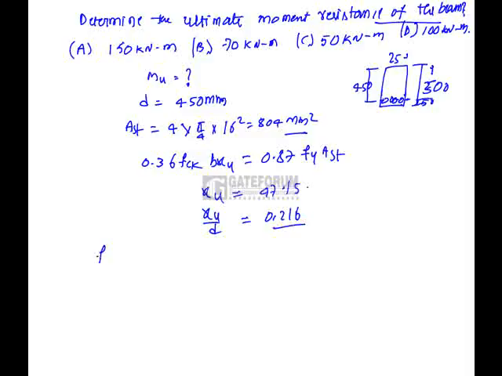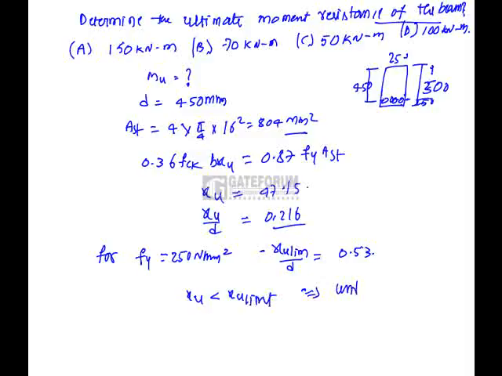For an fy value of 250 Newton per millimeter square, Xu limit divided by d is equal to 0.53. So Xu is less than Xu limit. Therefore, we can say it is under reinforced.